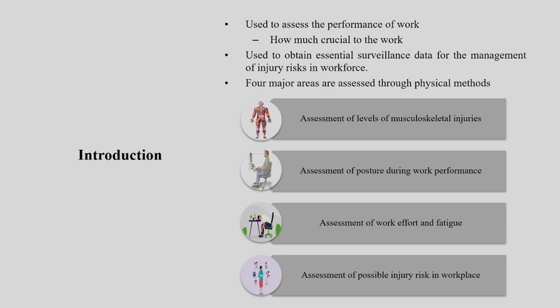First we will try to understand the musculoskeletal health of the worker, musculoskeletal injuries. Second, we will be talking about posture and the connection between posture and work performance. Third, we will be talking about work effort and fatigue, and fourth, we will be talking about the varieties of possible injuries in the workplace.